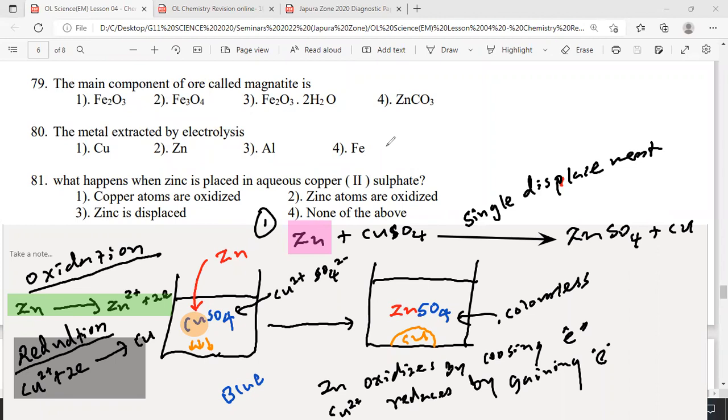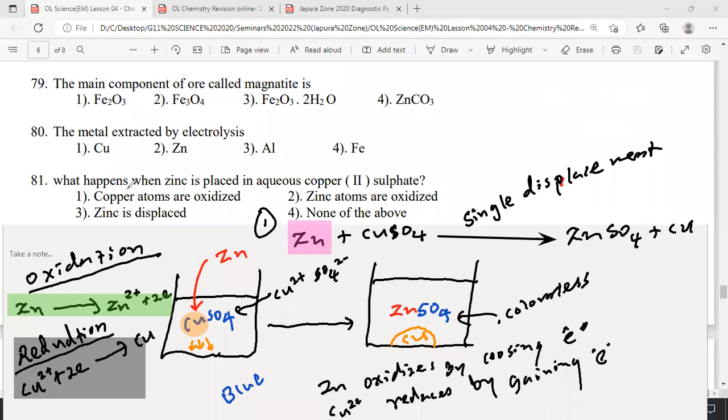Yes, Imansha, what is the answer? Second answer, very good. Some of you have replied on chat. Yes, the answer is second. Now Binula, the answer is not third, because zinc is not getting displaced. Who is getting displaced here?